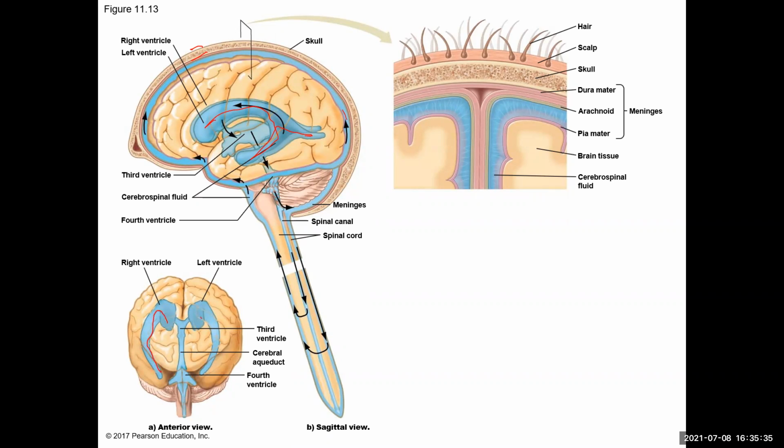So here's the right ventricle, the left ventricle, and then in the center you have the third ventricle with the cerebral aqueduct, and then towards the back, the bottom near the cerebellum, you have the fourth ventricle. Okay? And again, that produces the cerebrospinal fluid that bathes the brain and the spinal cord.